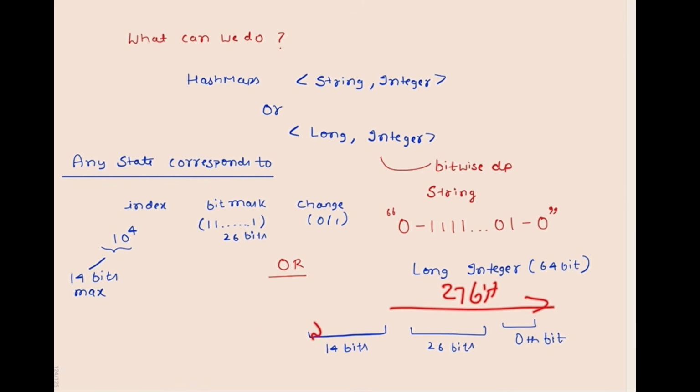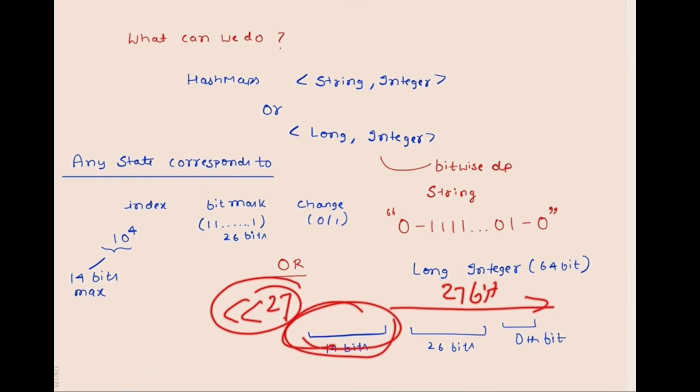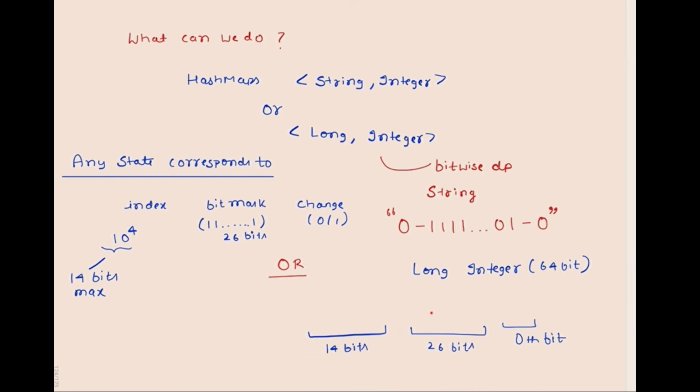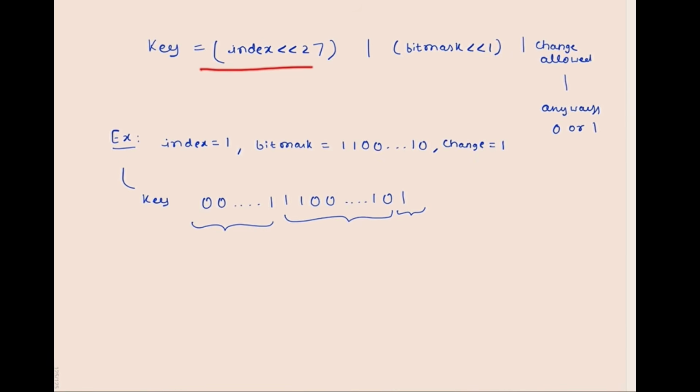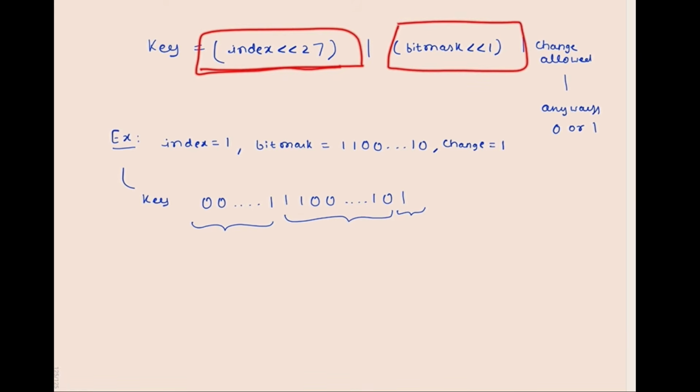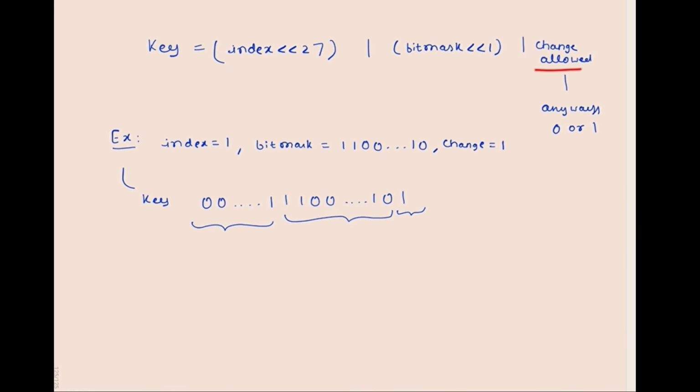So whatever index we have, we have to left shift it by 27 bits to get to the bit position where we can actually store the indices. Same for the 26 bits of bit mask, we have to left shift it by 1 to properly store it in our long integer. So we do index left shift by 27, bit mask left shift by 1, and change allowed is just 0 or 1, so we can directly OR it.